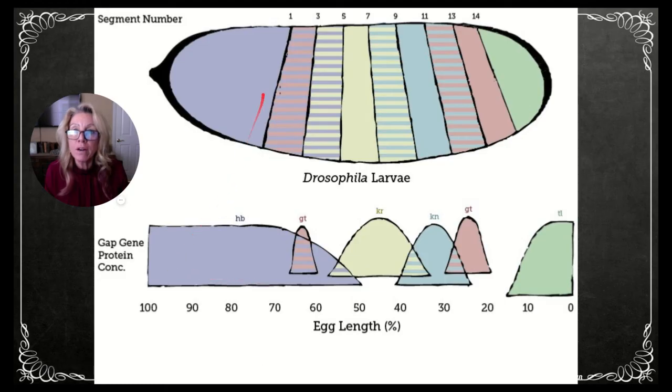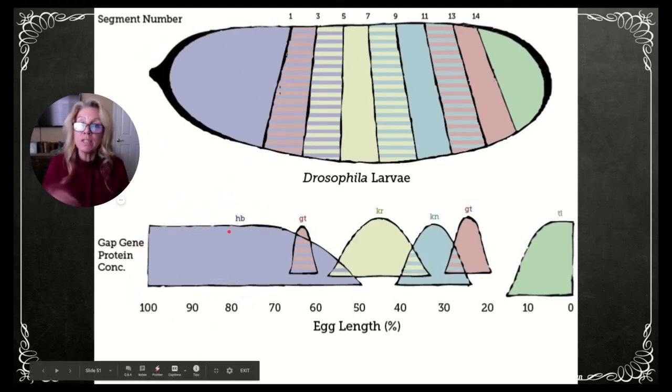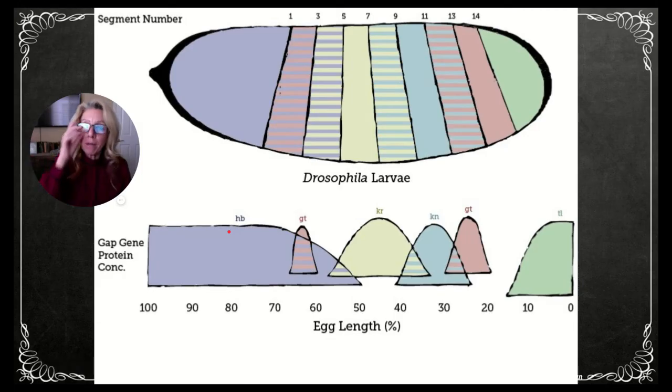If you look right here at this end, you can see this GAP gene protein. So the GAP gene codes for the GAP protein. It's concentrated here. And at the opposite end, you have a different protein. But look right here, you have a different one. You can see there is an overlap here, right? And you can see where the colors overlap.